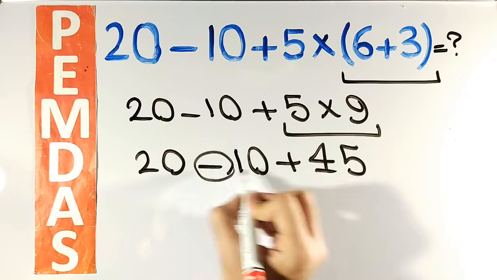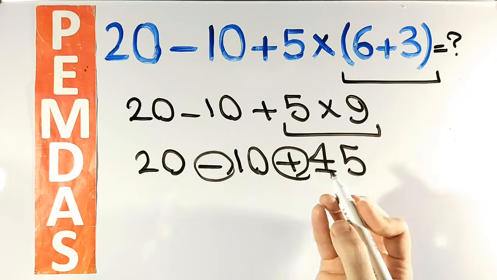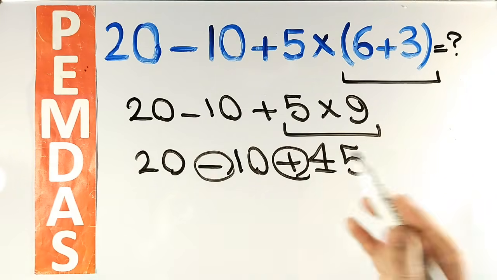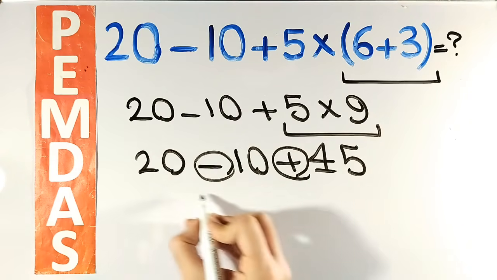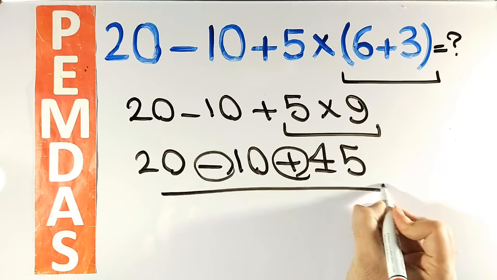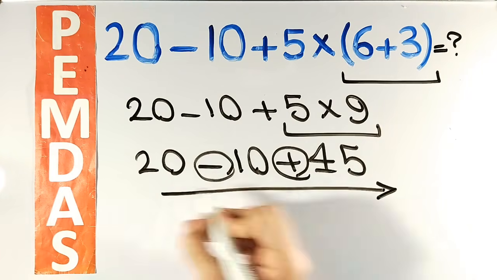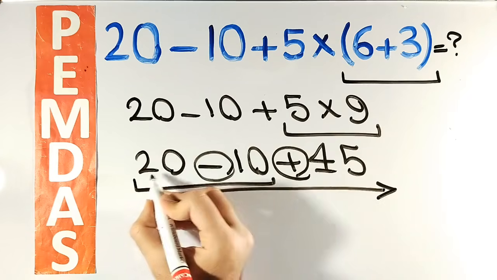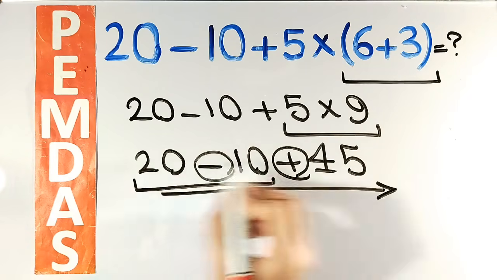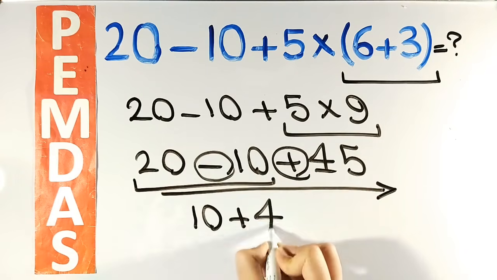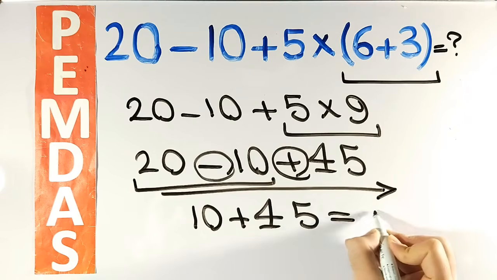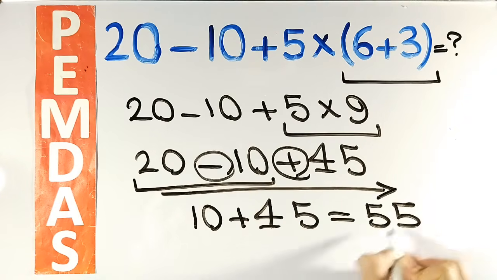Then, we go for the subtraction and addition. However, we must pay close attention that addition and subtraction have the same level of priority, and we must perform these two operations from left to right. So, first we go for the subtraction between 20 and 10. And instead of this expression, we can write 10 plus 45, which finally gives us the answer 55.